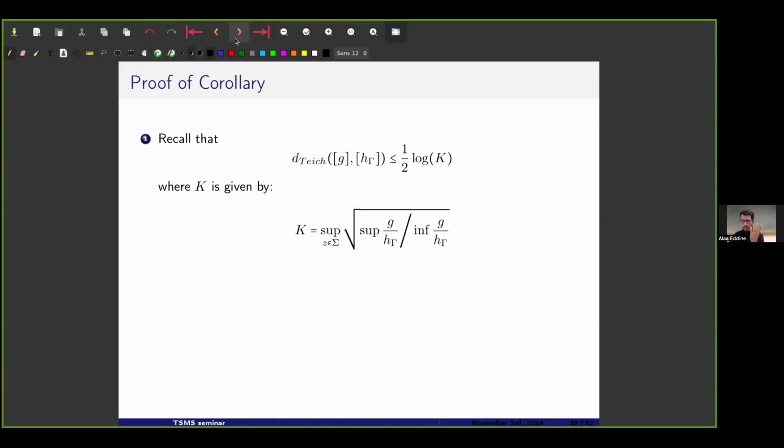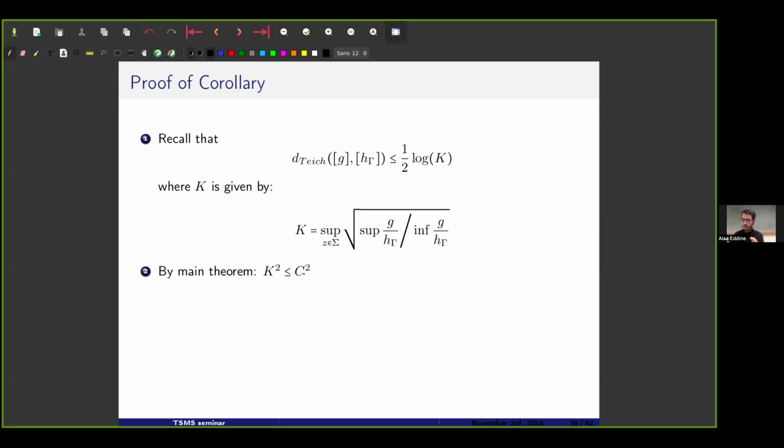I recall that the distance between any two metrics, as we said before, is less than or equal to 1/2 log k, where k is as follows. Since the metric is C-Lipschitz to H gamma with a constant that does not depend on the metric, then for all the metrics, their distance from H gamma, if we compute this k, will always be less than C squared.